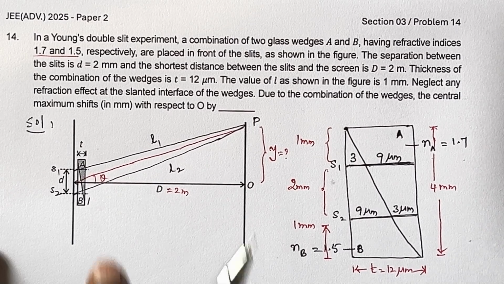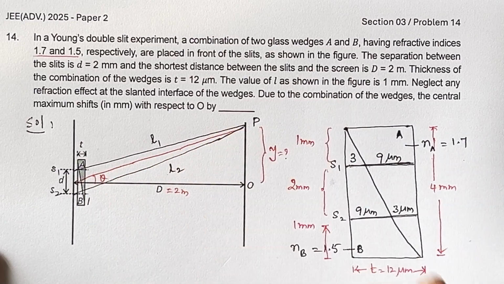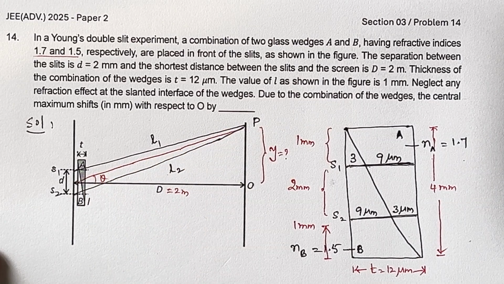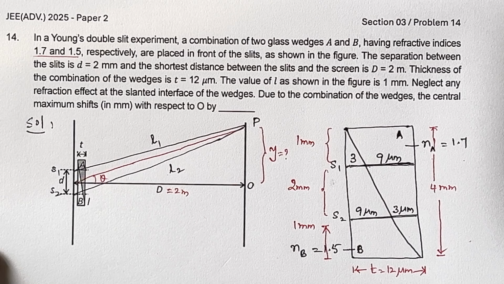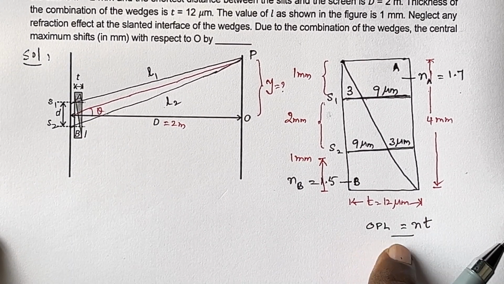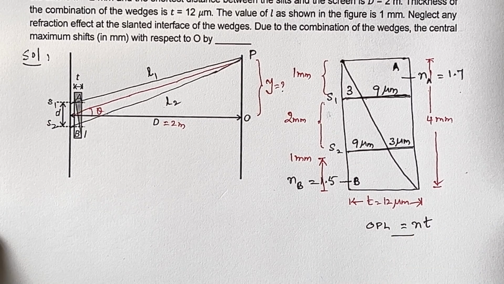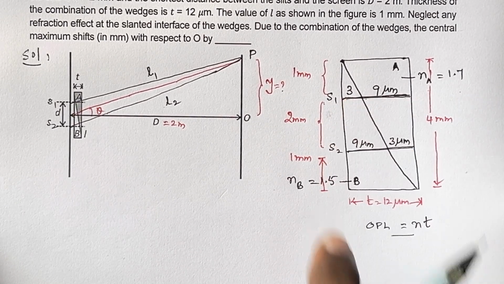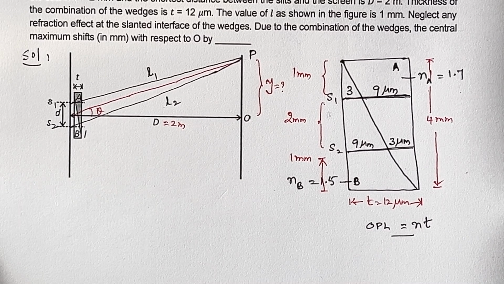So here, what is the formula for optical distance? Optical length is equal to refractive index into thickness. That is the formula for optical distance. Here I have written optical length is equal to refractive index of that material into T.